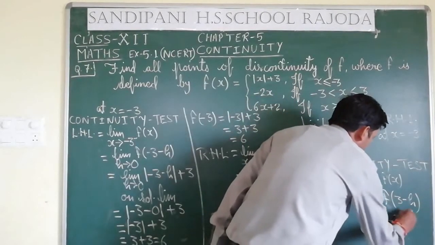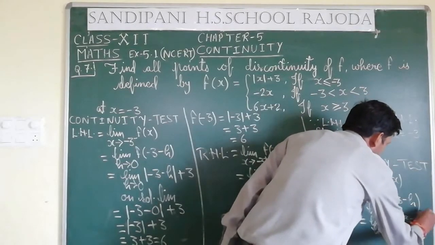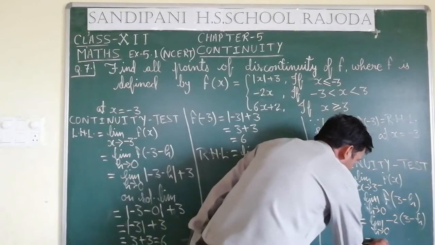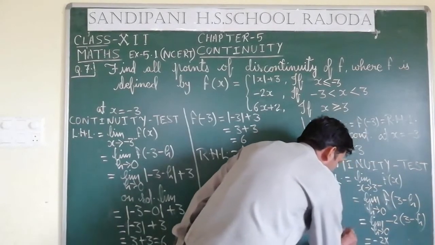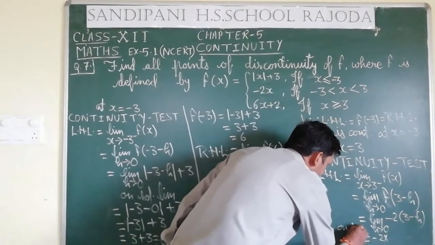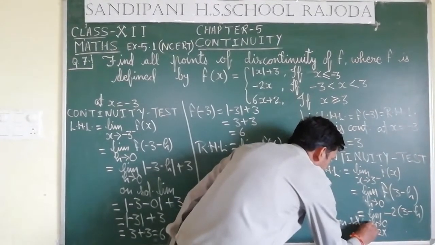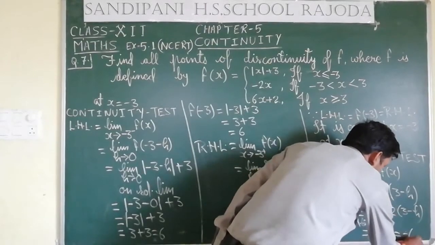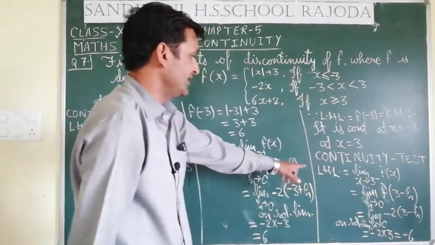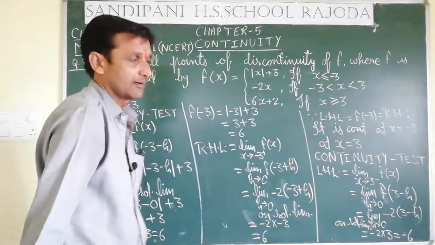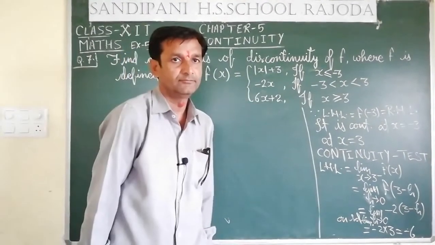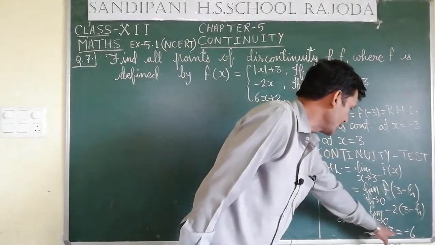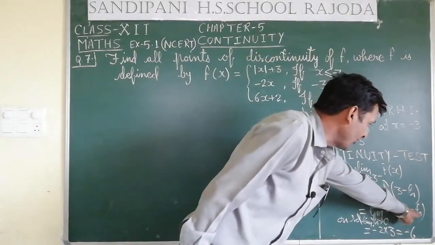So, it will be equal to limit h tends to 0 of minus 2 into 3 minus h, this is equal to minus 2 into 3 on solving the limit. So, the value of LHL is minus 6. In LHL we have got minus 2 into 3 on solving the limit, because the value of h is 0.